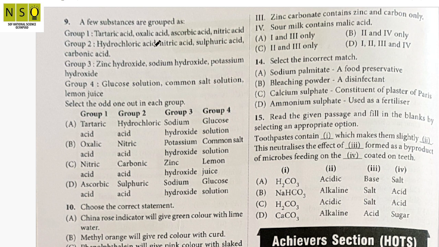Group 3 says zinc hydroxide, sodium hydroxide and potassium hydroxide. And group 4 says glucose solution, common salt solution and lemon juice. Now we have to find the odd group in this. Which is the odd group? Okay, so first go through this question.